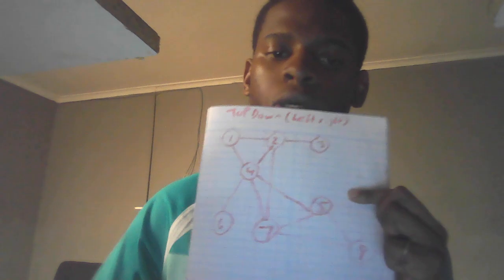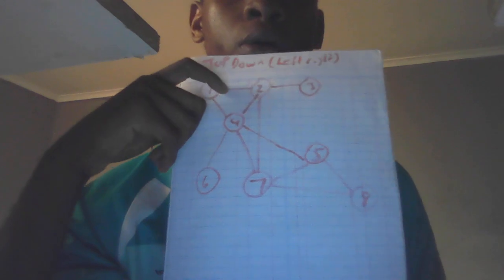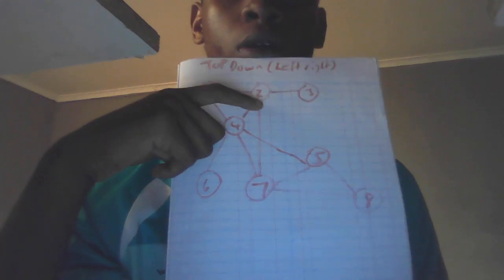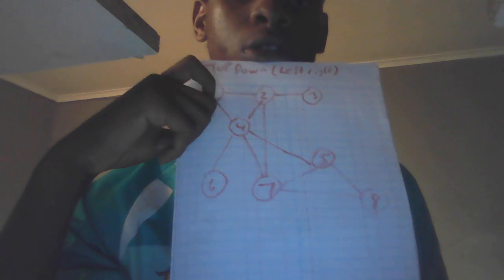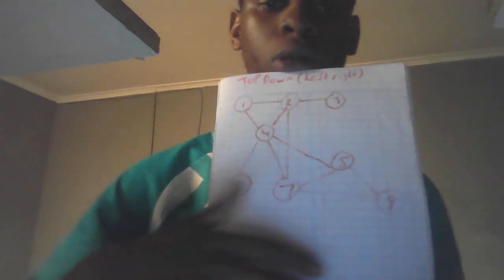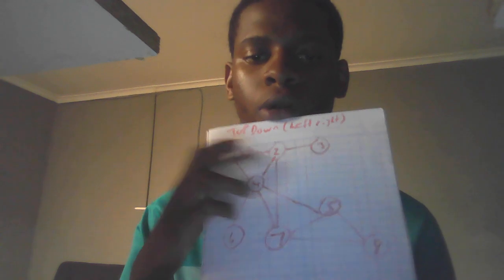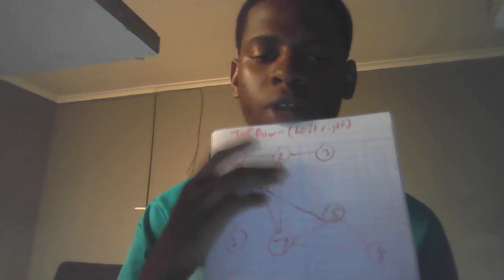When we try to spot a graph algorithm, we move top, left, down, top, left, down.